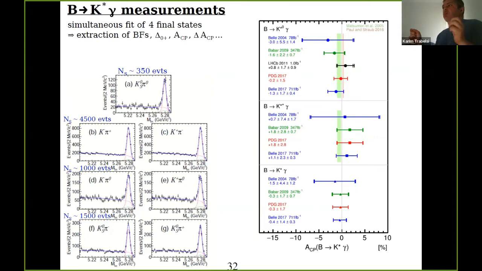So now you have to look for other observables, and the asymmetry is one of the very nice experimental observables, in the sense that it also cancels some of the systematics.